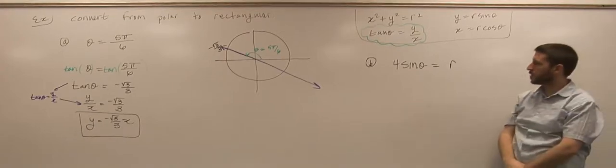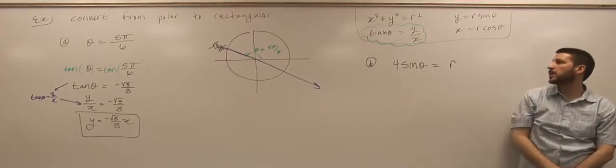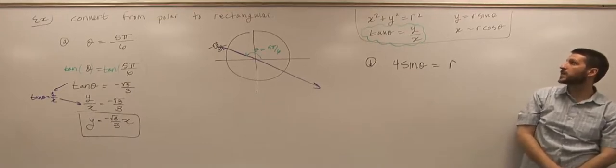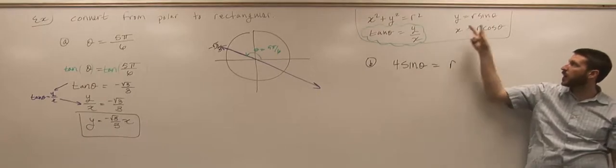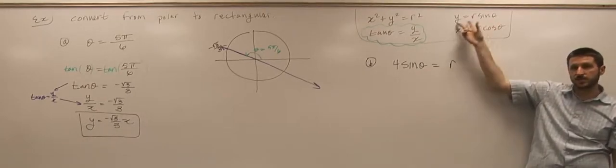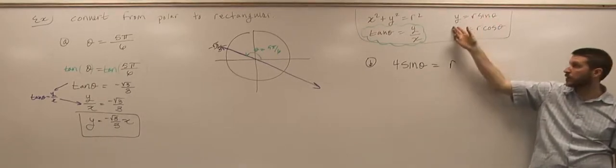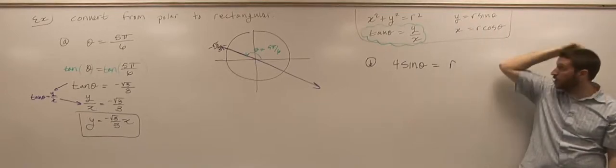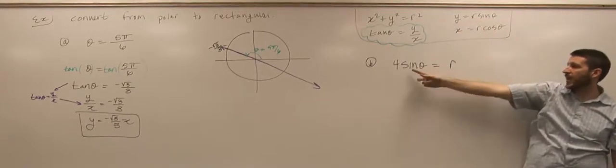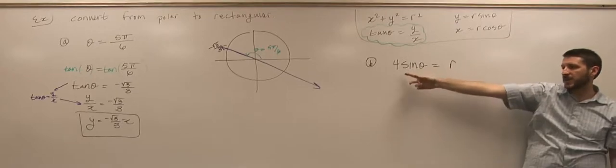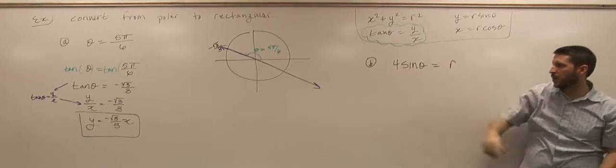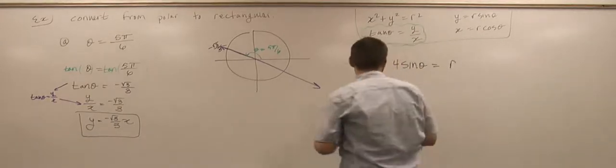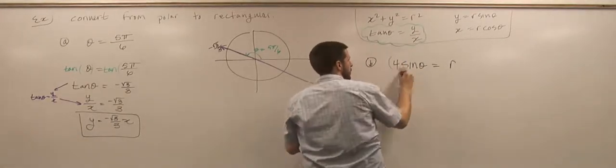There's a couple ways to look at this, but since I have a sine theta, I'm banking on using this equation. In order to use it, I have to have r sine theta, and I only have sine theta. So what you can do is force an r in there by multiplying both sides by r.